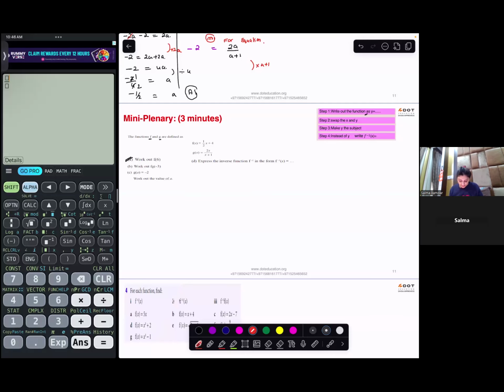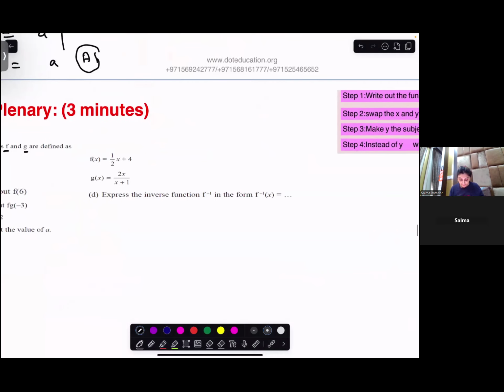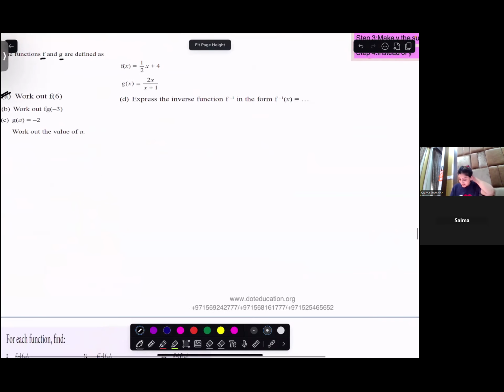Now what you have to do is you have to express the inverse of the function, f minus 1 x. That means they're asking you to find f minus 1 x. This is nothing but they're asking you to find the inverse.